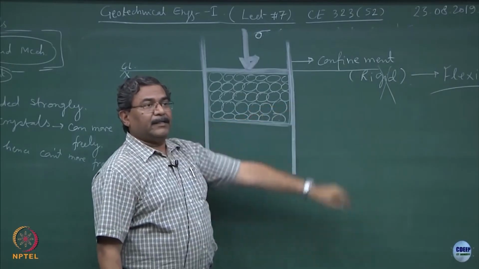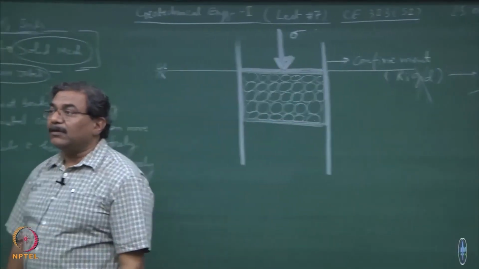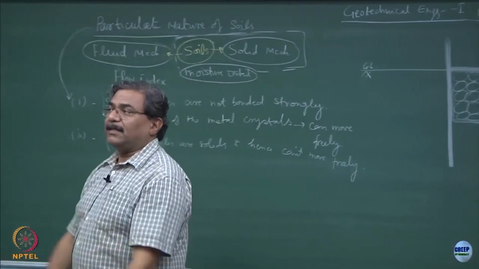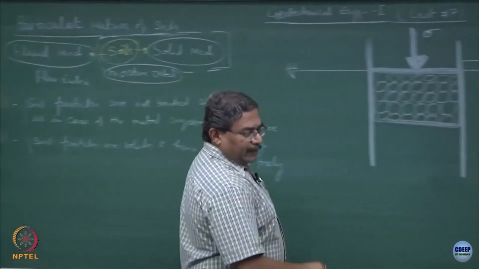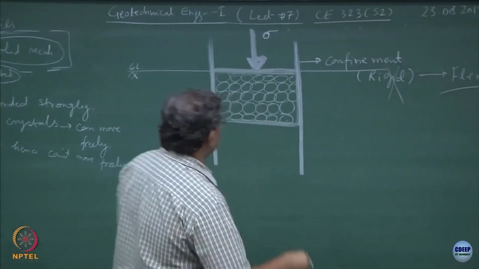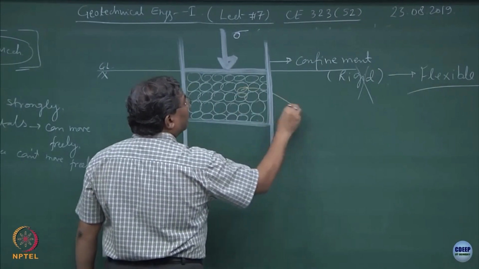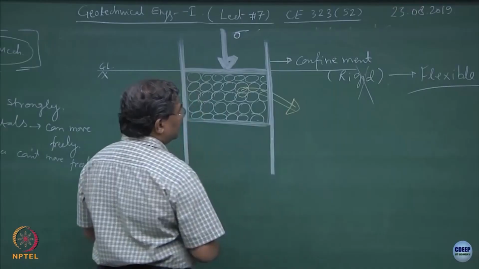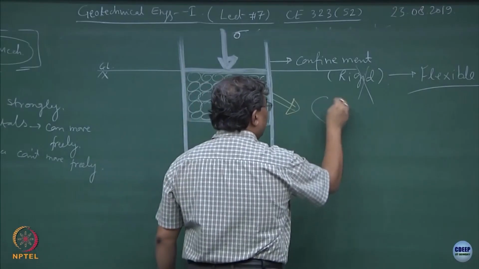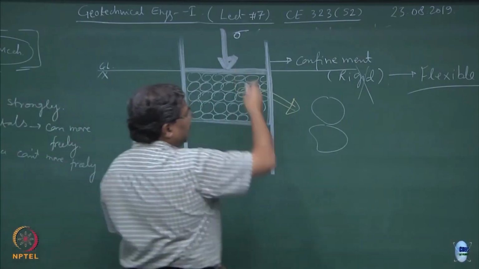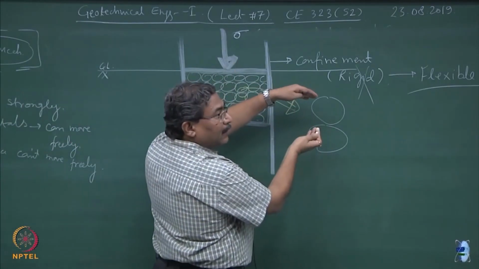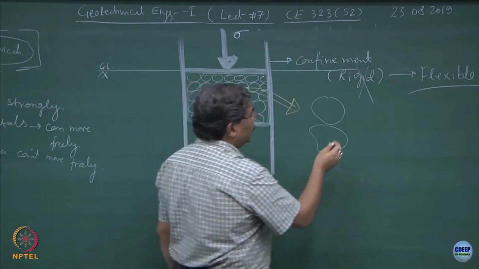Had this been rigid, and if I asked you how the pressure is going to get delegated inside the system, it was fairly simple. You would have taken an element out of this and you would have zoomed it, saying this is a particle, this is a particle, and when I am compressing them they come closer to each other, and what is going to happen?